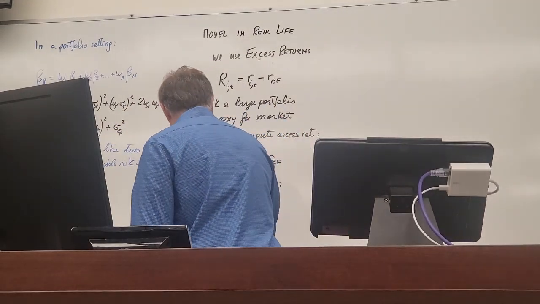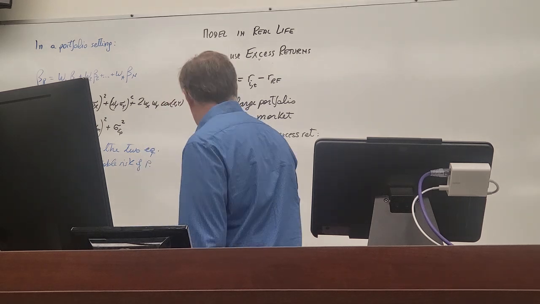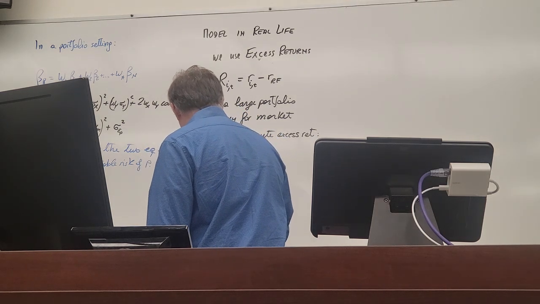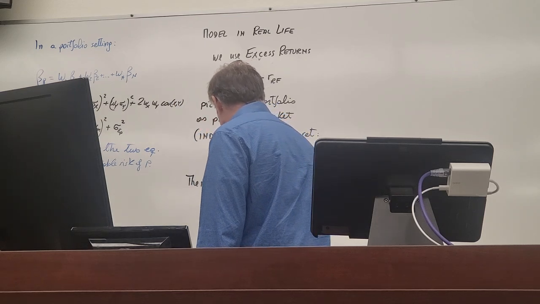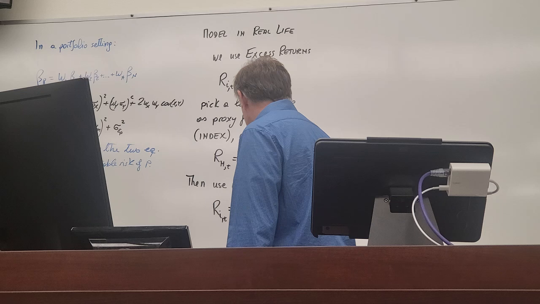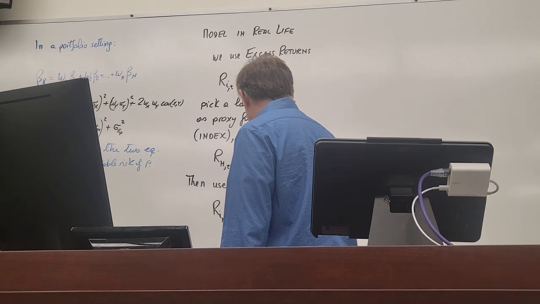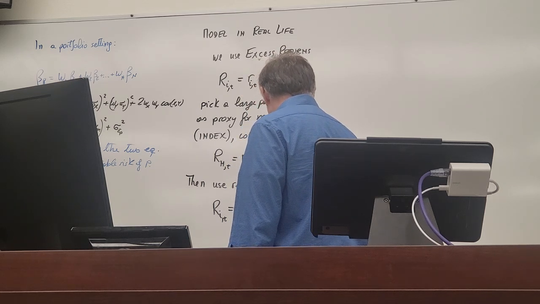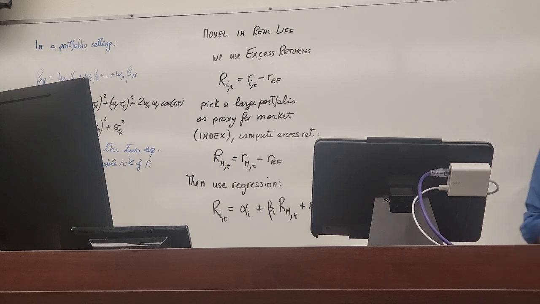You have the big R, the actual excess returns of i as a function of a constant that is unique to i, plus the beta of i times the excess return of the market at time t, plus the error term. So those are all observed values.